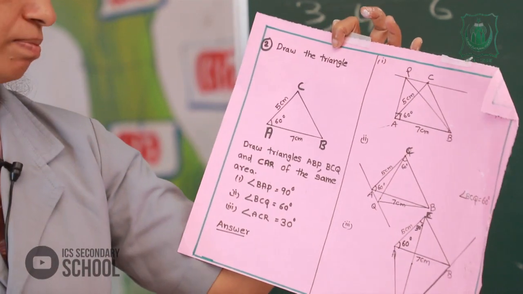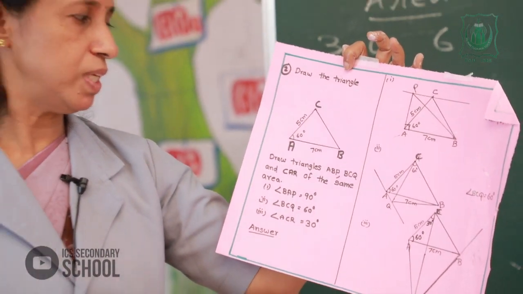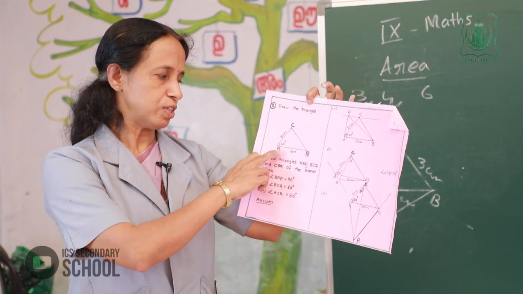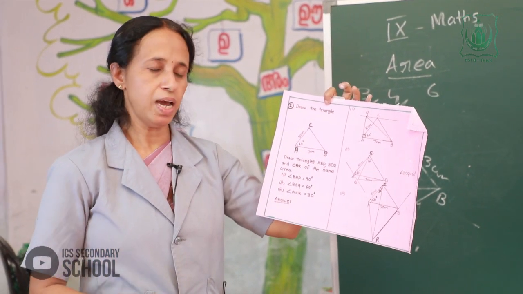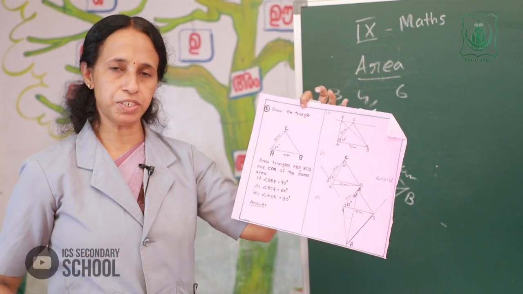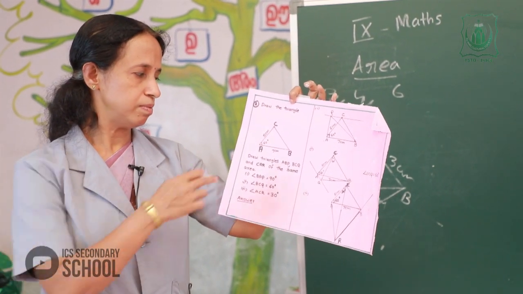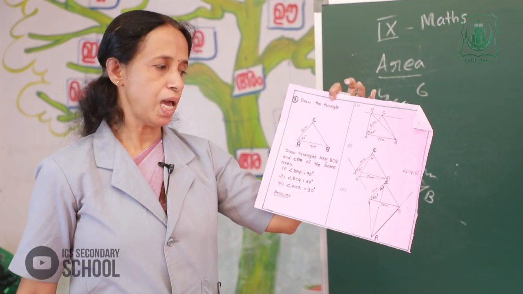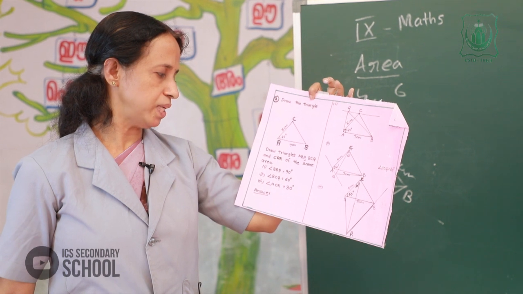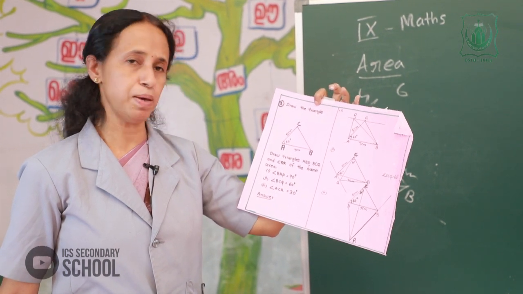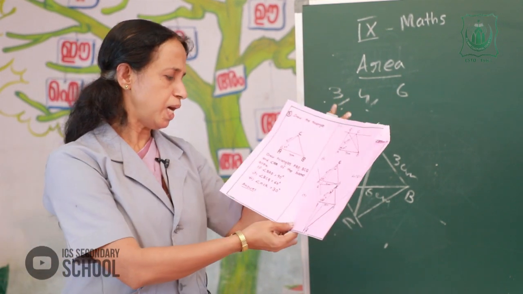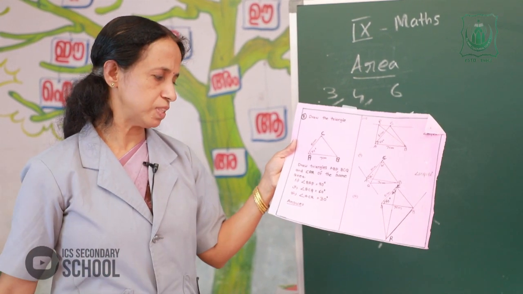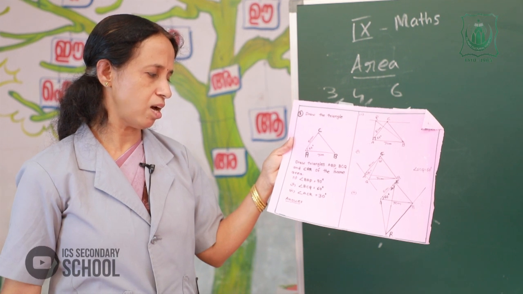Please note the question. Angle BAP equal to 90 degree, given angle BCQ 60 degree and angle ACR 30 degree.